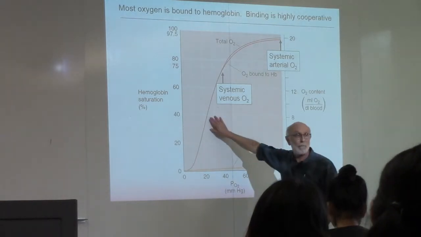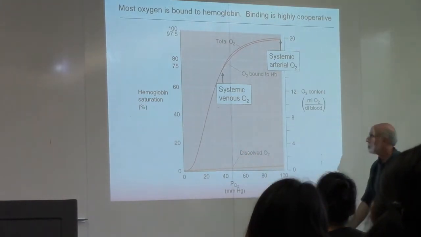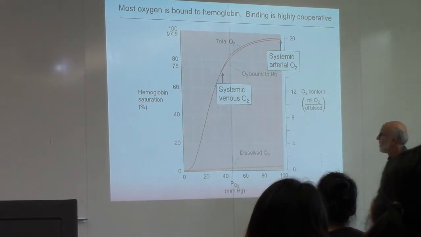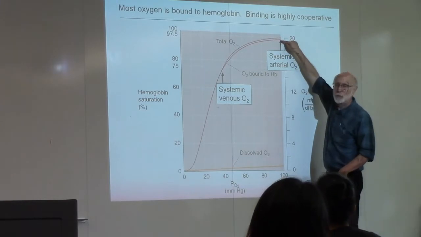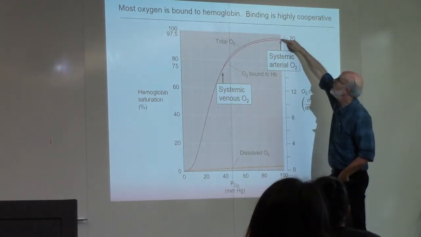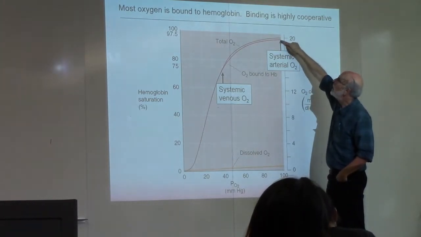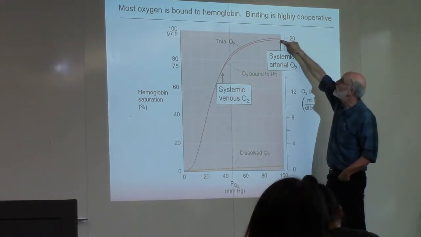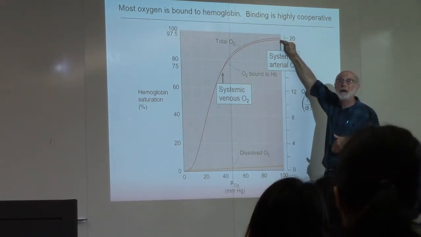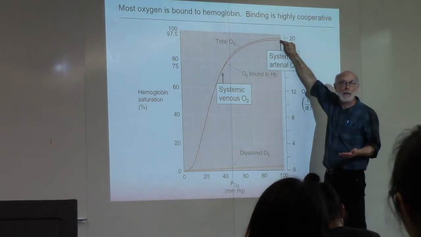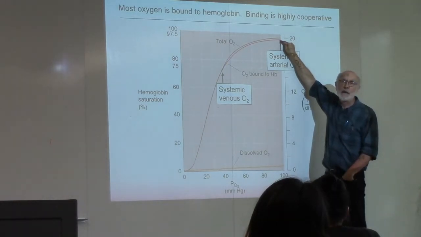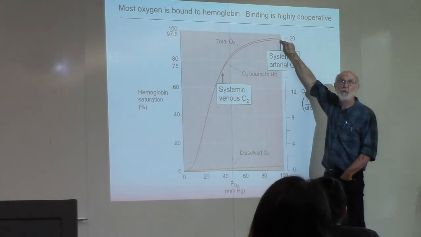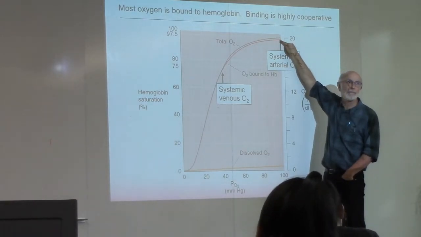This is oxygen bound to hemoglobin. So at a normal arterial PO2, about 95% of the hemoglobin is saturated, or 95% of the sites of hemoglobin are occupied by oxygen.